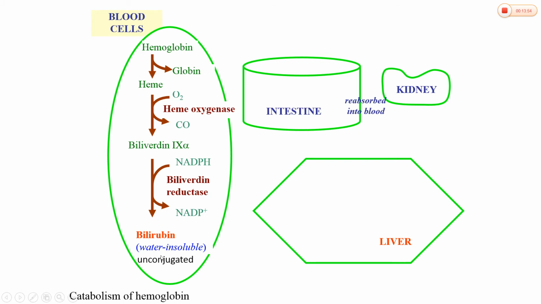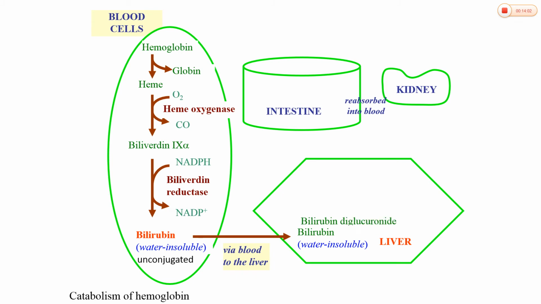It is the unconjugated form, which gets transported to the liver with the help of albumin. When it reaches the liver, it is conjugated with glucuronic acid, from UDP-glucuronic acid, and it becomes water soluble. This is called bilirubin diglucuronide.